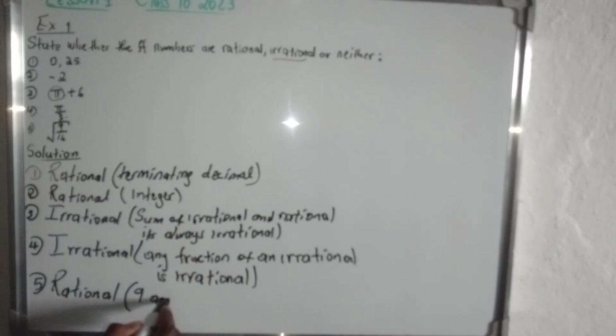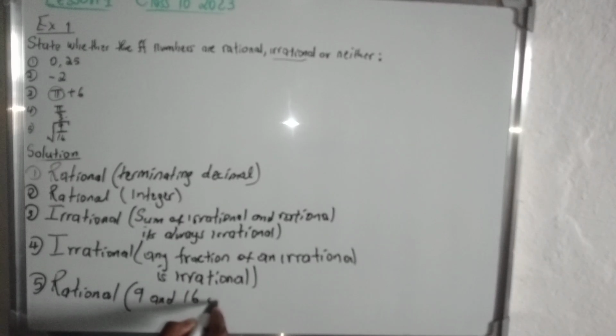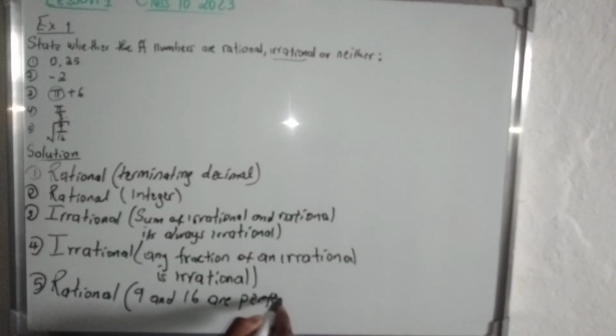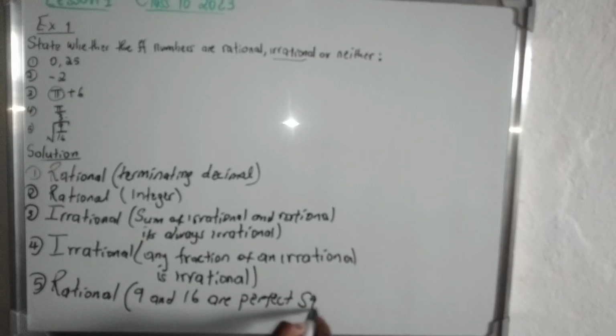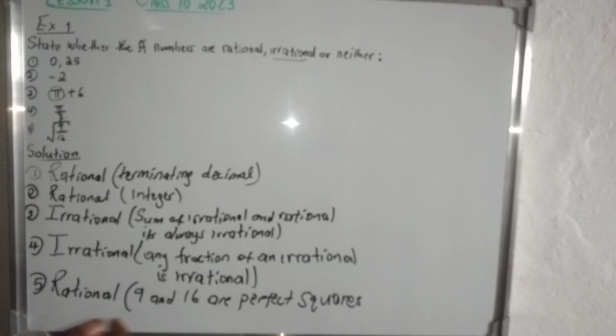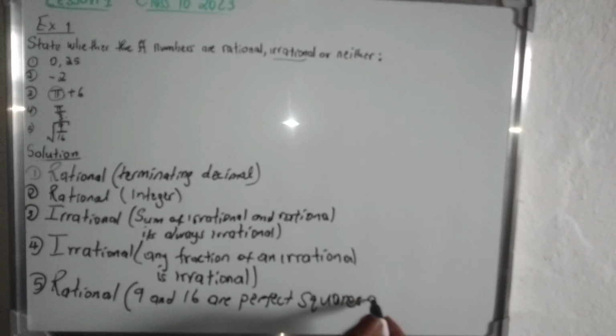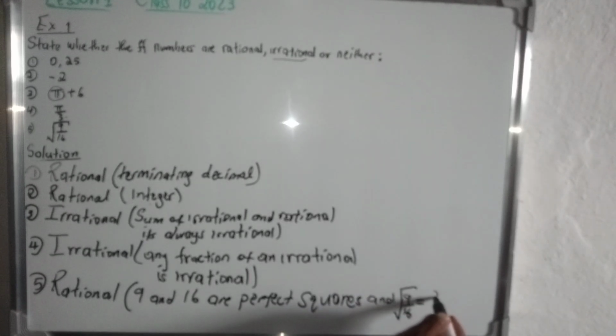9 and 16 are perfect squares, and the square root of 9 over 16 is equal to 3 over 4.